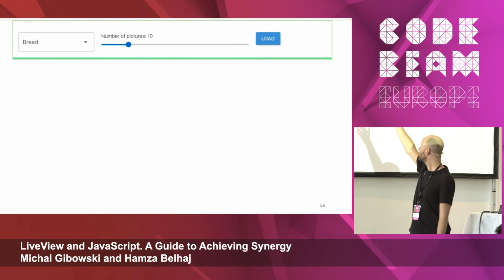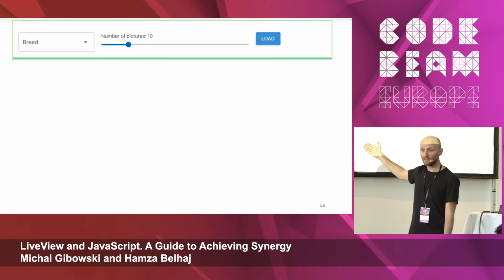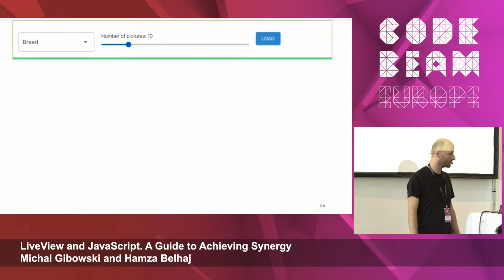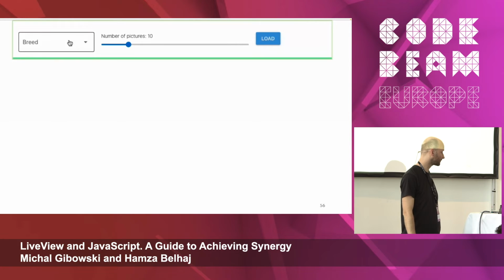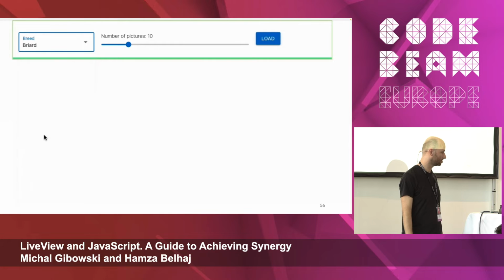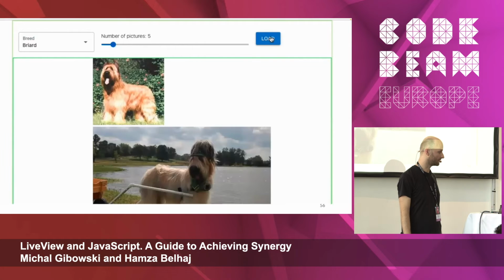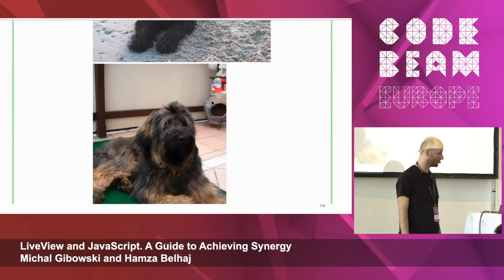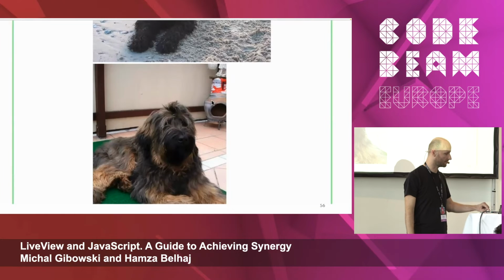And later, the bottom of the page will fill, and this will all be handled by the regular LiveView mechanism. So here we can select a breed of a dog. We choose how many pictures we want to see, and we load those pictures. So let's see how this is achieved.